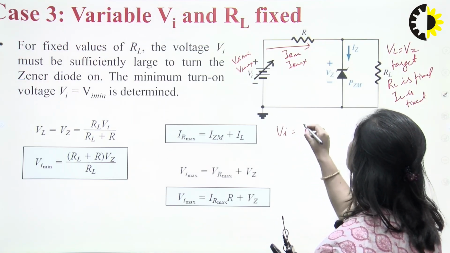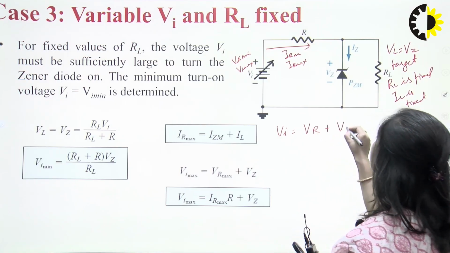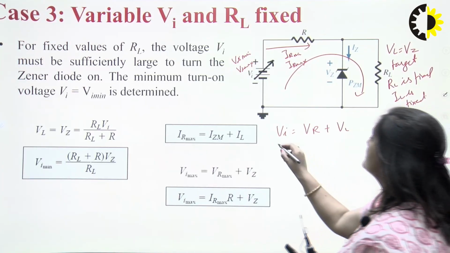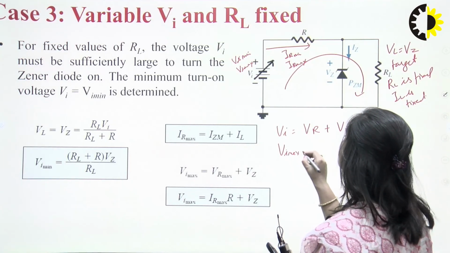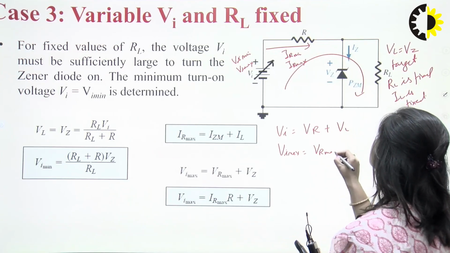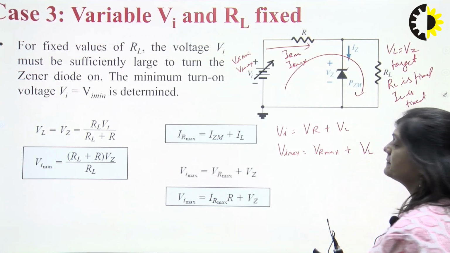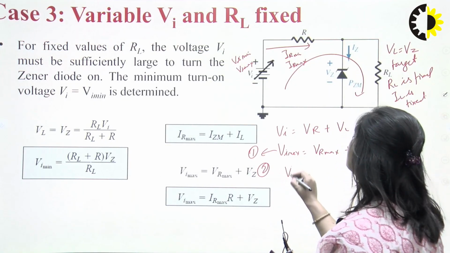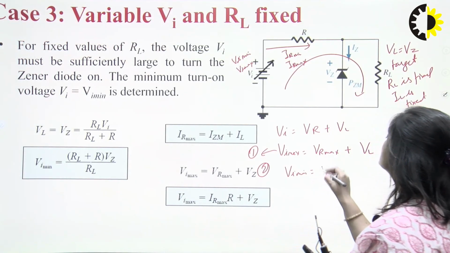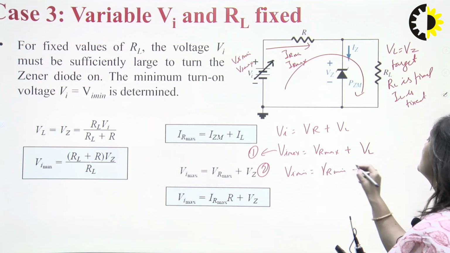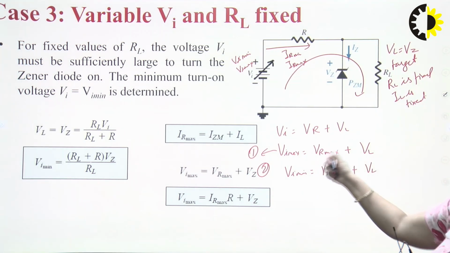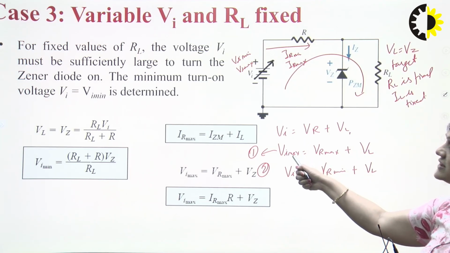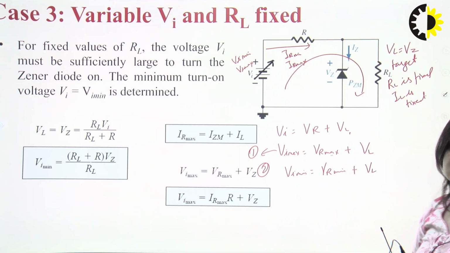Vi would be equal to VR plus VL, if we apply KVL here. Vi max is equal to VR max plus VL. This is the first equation. And the second equation, Vi minimum is equal to VR minimum plus VL, because this is constant. When Vi is maximum, the current flowing through the resistance R will be maximum.